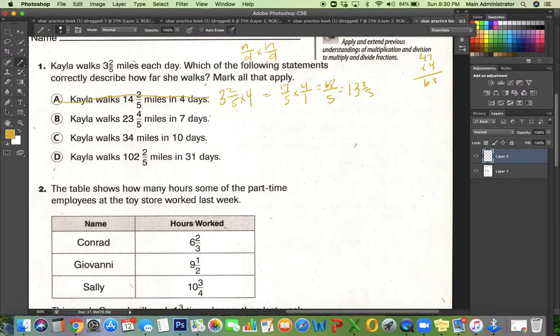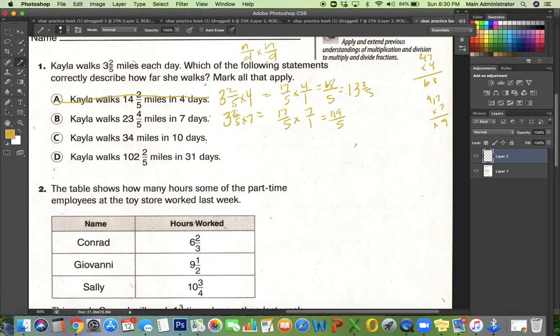Let's see if 7 days, 3 2/5 times 7 days would equal 23 4/5. So I'm going to get 17 over 5 again. I already did that. Just going to copy it. 17 times 7 is 119 over 5.